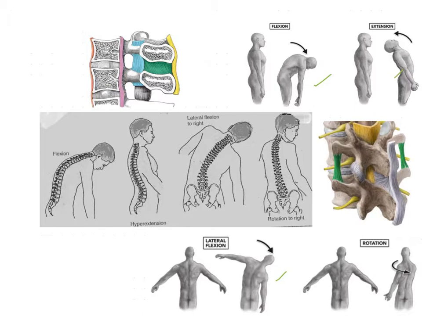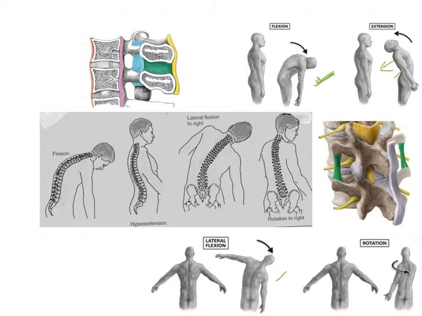If you observe such movements, the person is bending forward. Flexion, extension and lateral flexion are the anatomical terms, but in normal usage, the person is doing forward bending. In extension, the person is doing backward bending.